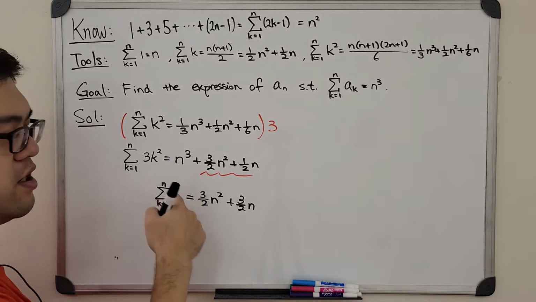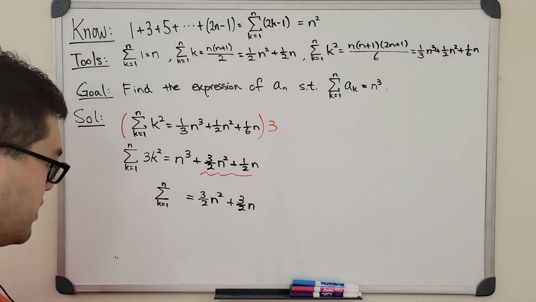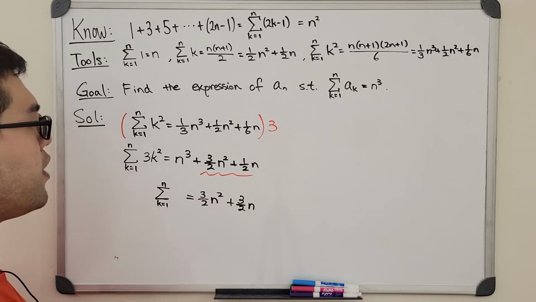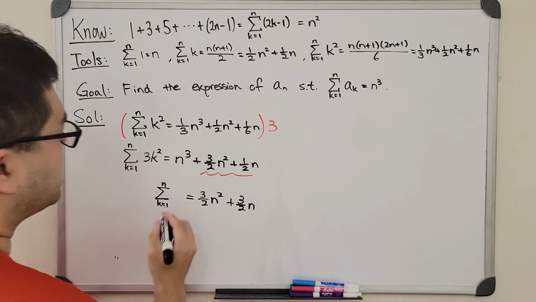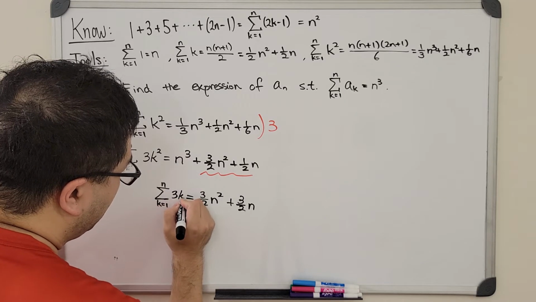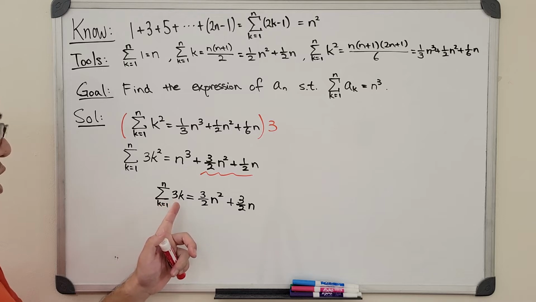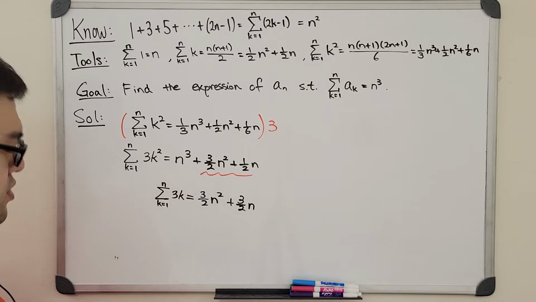So our expression will become 3 times the summation. And again, 3 is a constant. We can distribute it into the sequence, or each term, without changing the actual value of it. So we end up with the sum of 3k. And again, now we want to subtract it.